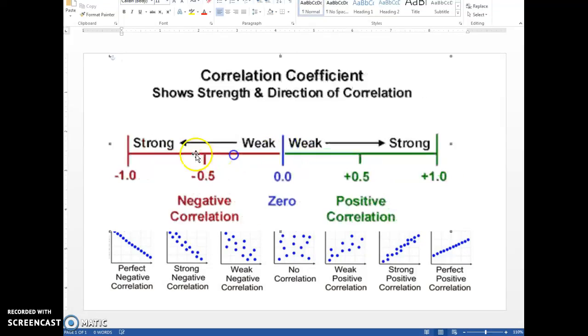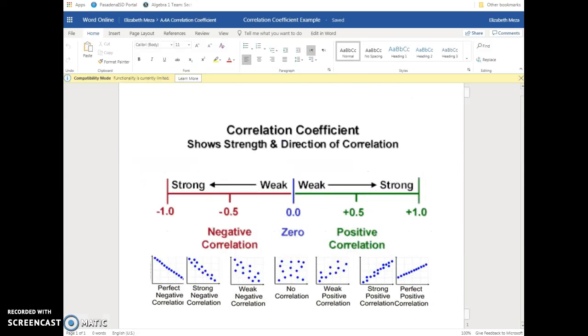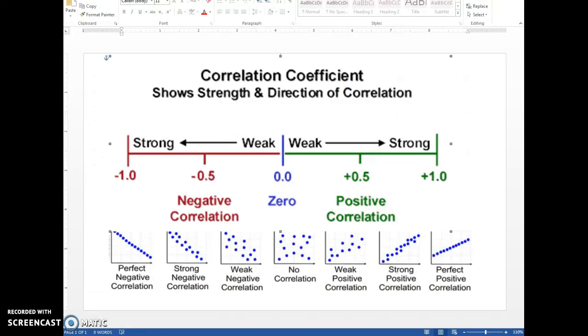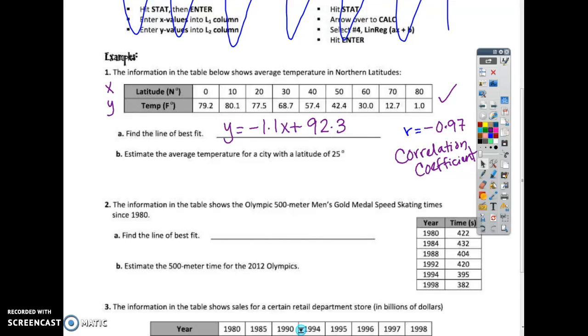So it's really close to looking like a perfect negative correlation. We know that's what it looks like because now we have Desmos, and Desmos shows you that it's almost perfect. Okay? So for all of these problems, I want the line of best fit. I want the correlation coefficient, which is the R, for every problem, even though it's not asking it, I'm asking it. And then we have to answer the question that it gives us.